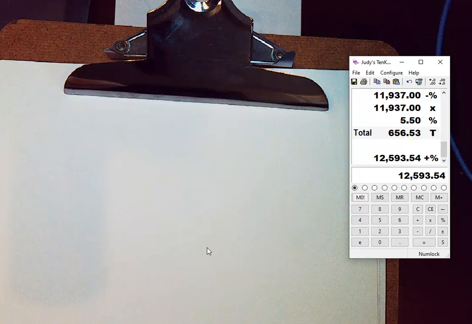So we've done little invoices before. You've done pay rate, which is hours times hourly rate.